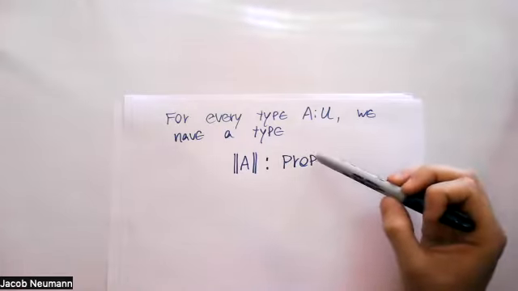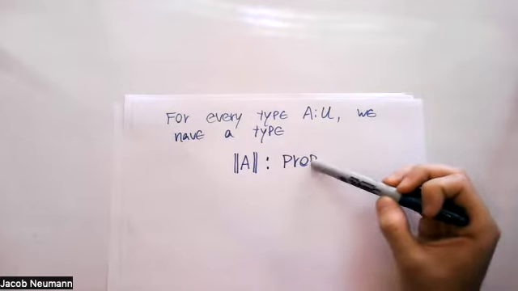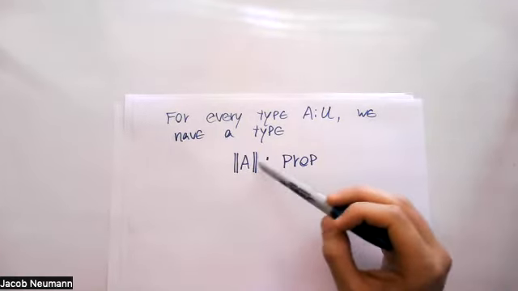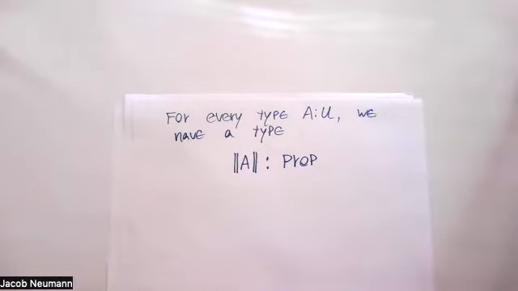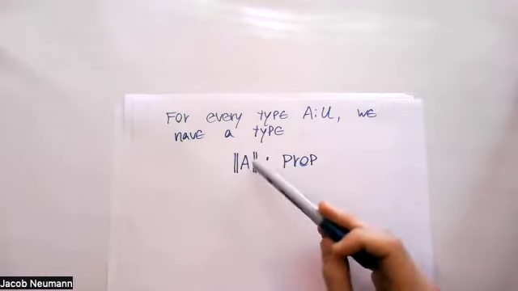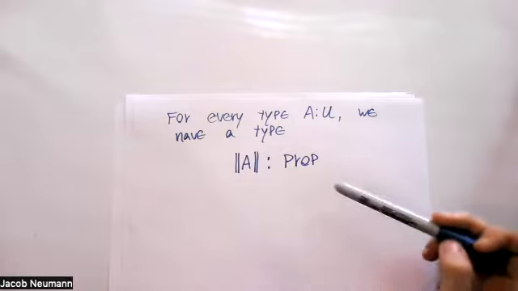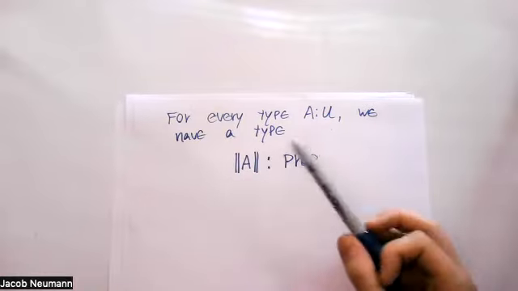But so saying that the truncation of A is a prop says two things: first of all that this is a type, and second of all that this type is a proposition.